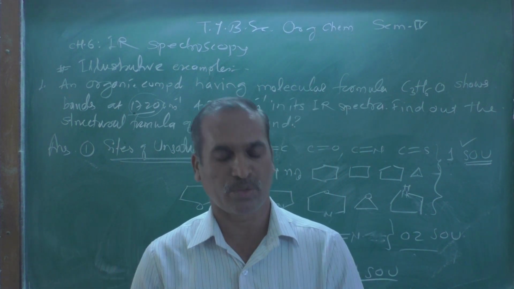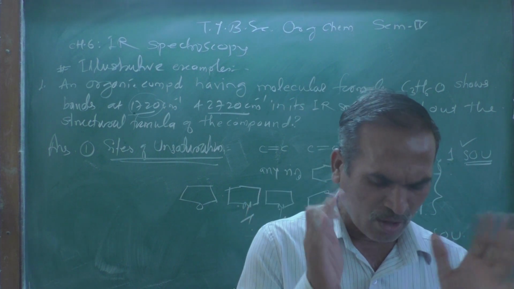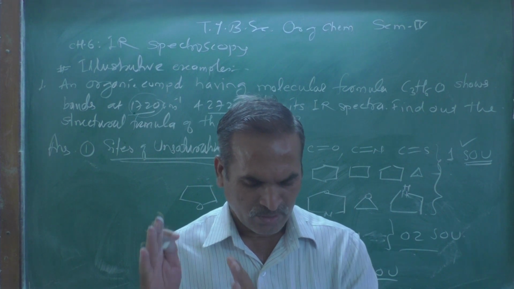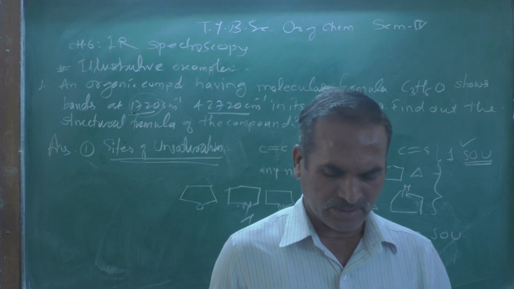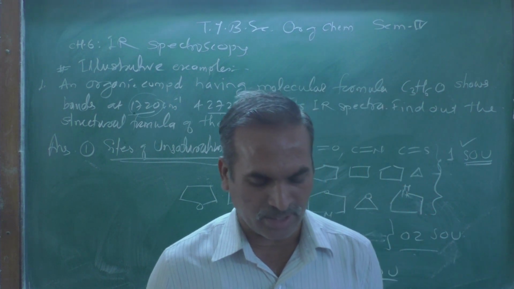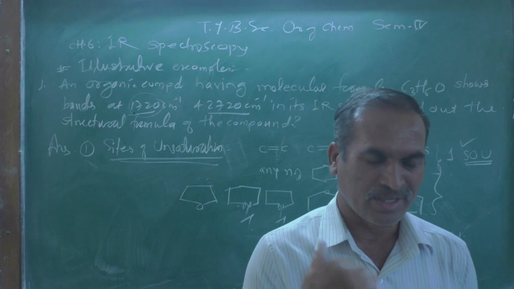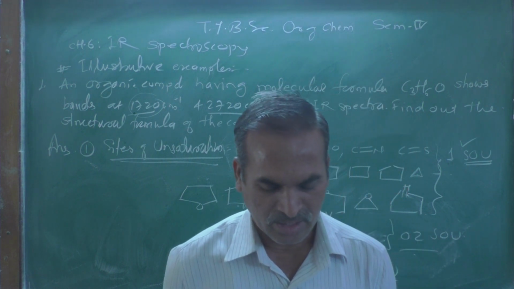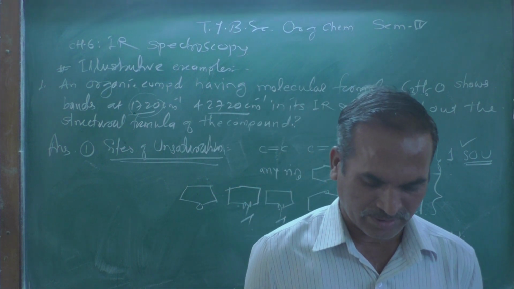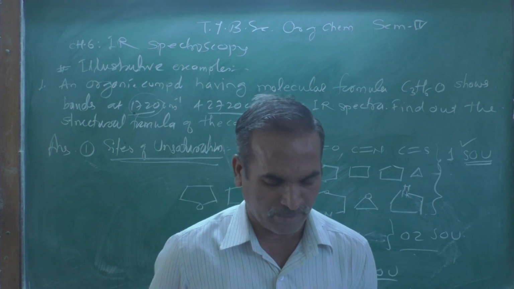While solving a spectroscopic problem from the given data, the first important thing is to find out the sites of unsaturation in the given compound. And there are 2 important methods.